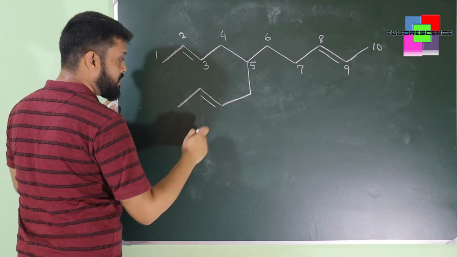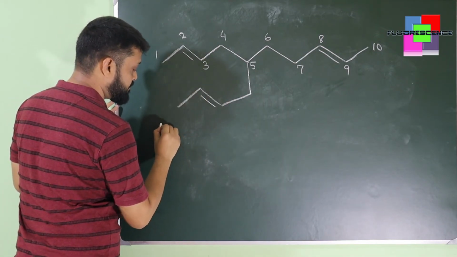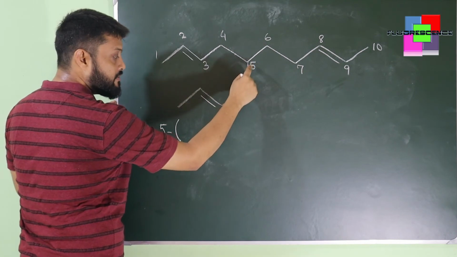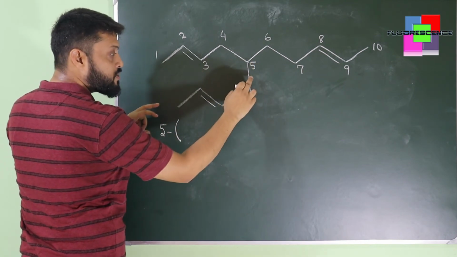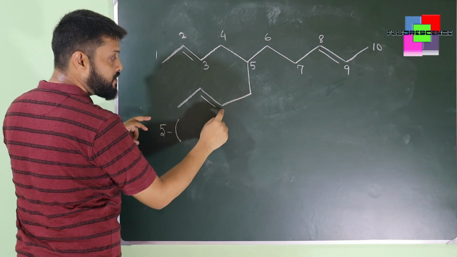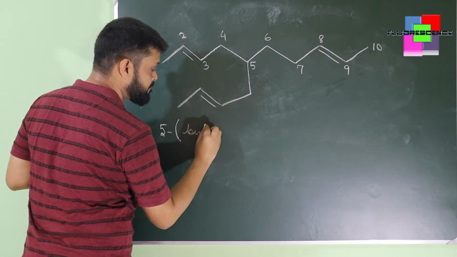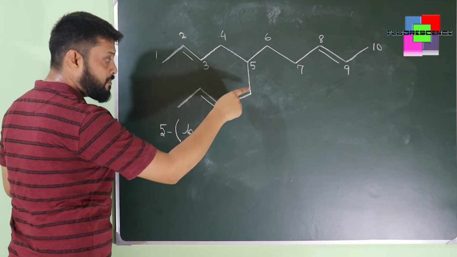Name of this branching, it's 5, since it's starting from the point 5. Now calculate the total number of carbon present over here. 1, 2, 3, 4. So it's but, 4 carbons.